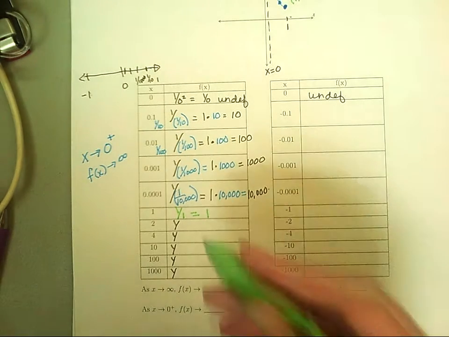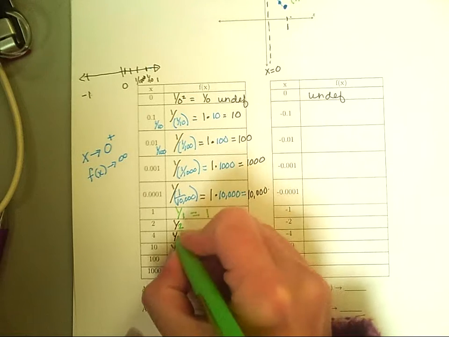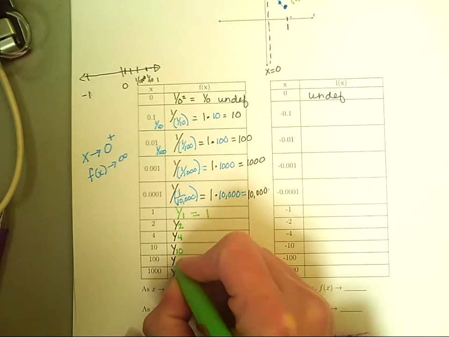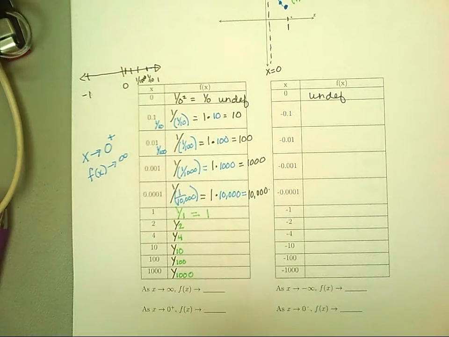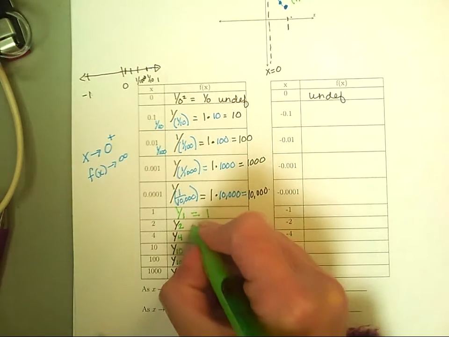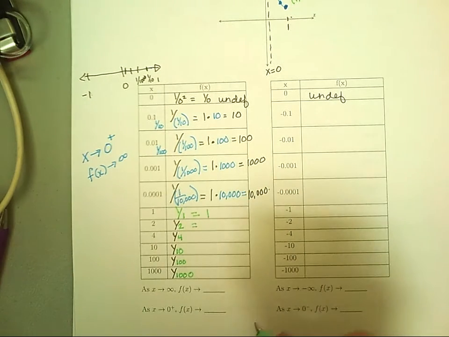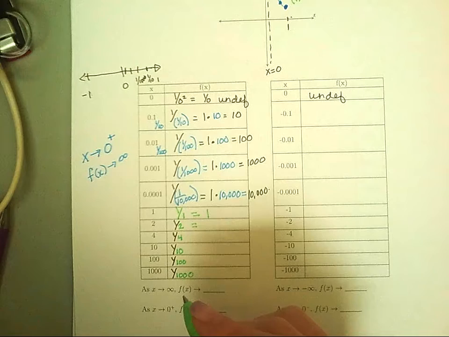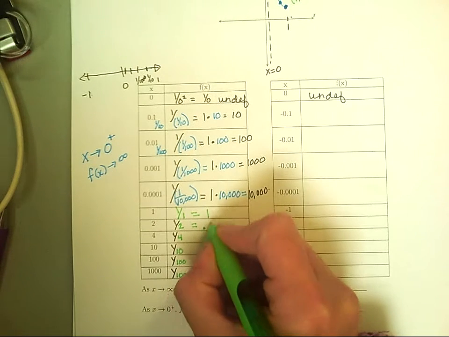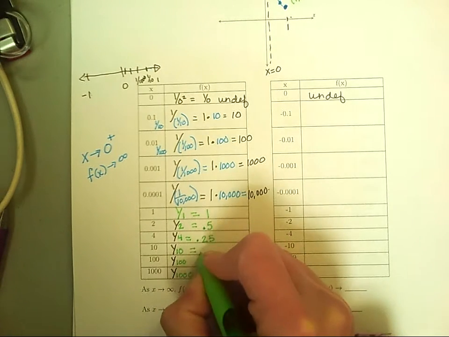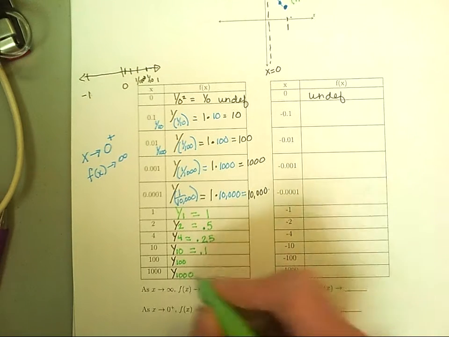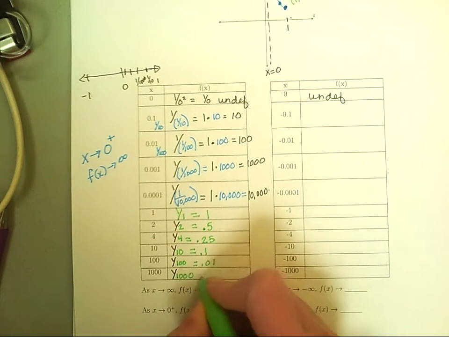So we'll get 1 over 2 squared, 1 over 4 squared, 1 over 10 squared, 1 over 100 squared, 1 over 1,000 squared. If we want to look at decimals to help us, this would be 0.5, this is 0.25, this is 0.10, this is 0.01, this is 0.001.